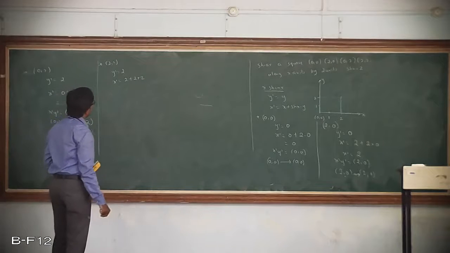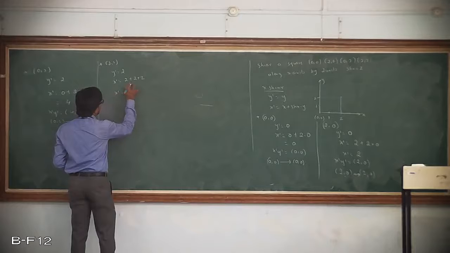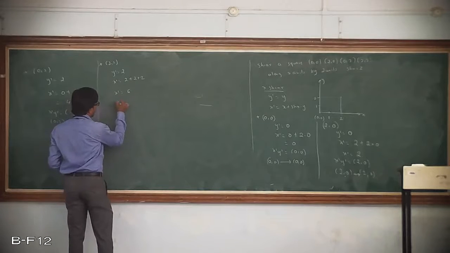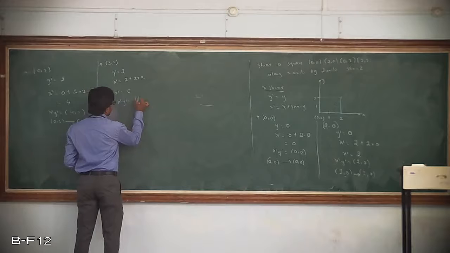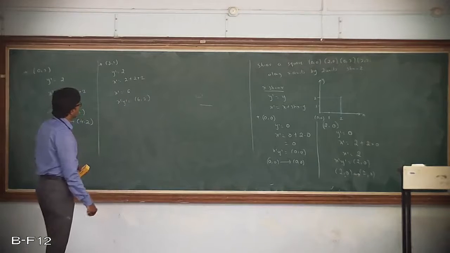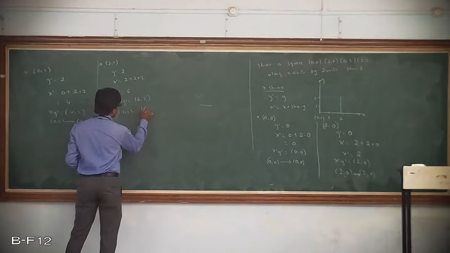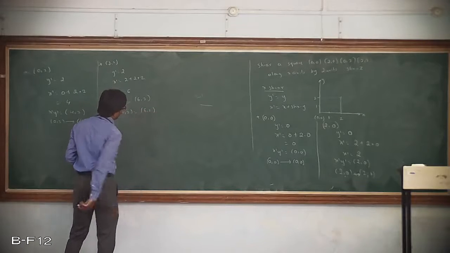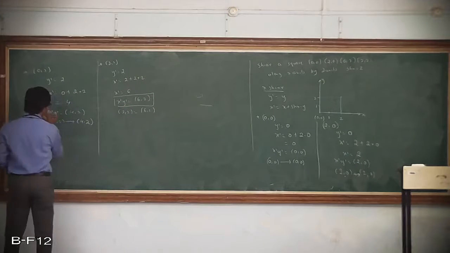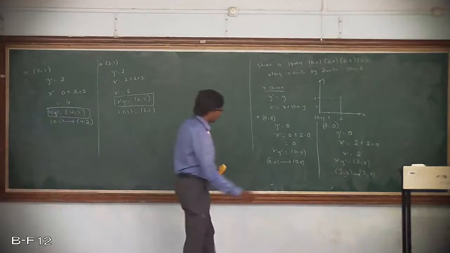So x dash will be 2 plus 4, this is 6. So x dash, y dash is 6, 2. It has changed from 2, 2 to 6, 2. These are the different points which you have got after performing the shearing operation along the x-axis.